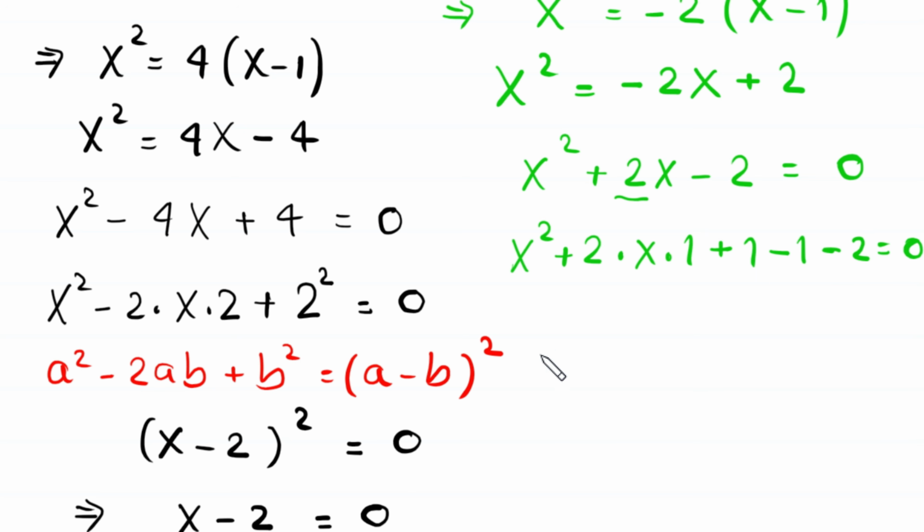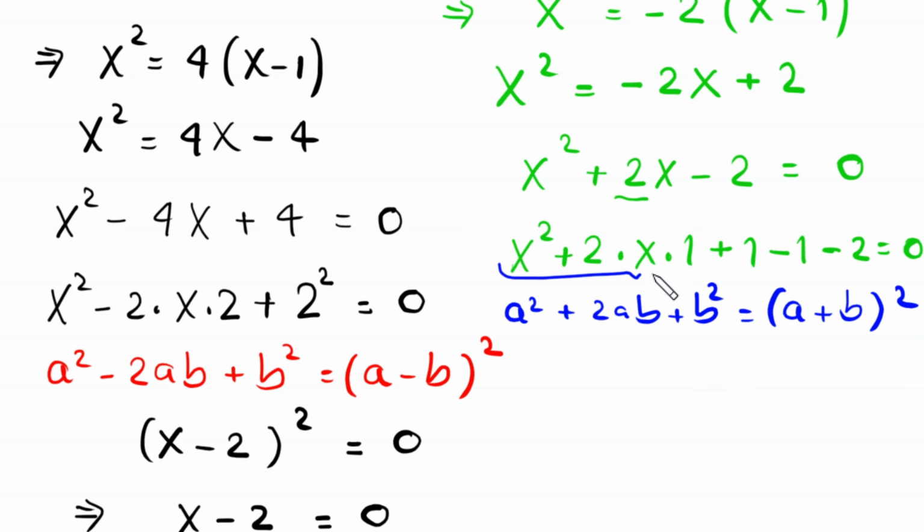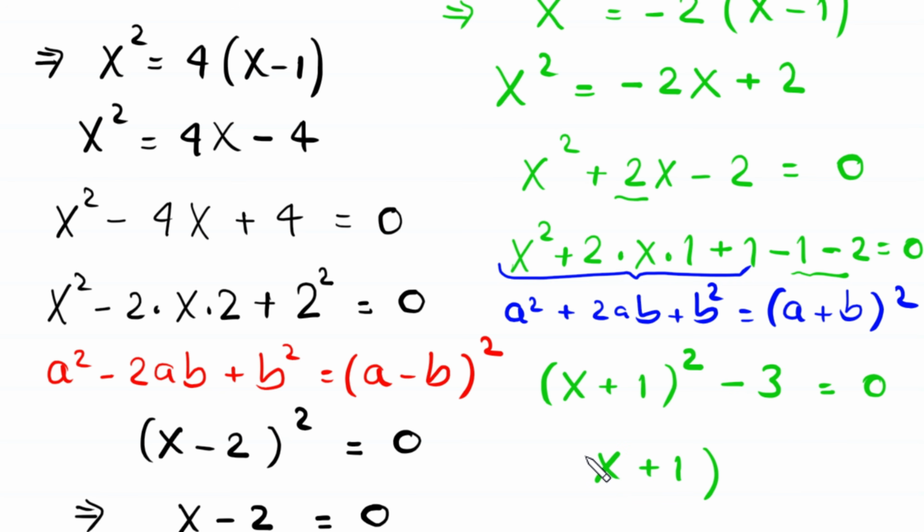By using this algebraic identity, a squared plus 2ab plus b squared equal to (a plus b) whole squared, x squared plus 2 times x times 1 plus 1 will become (x plus 1) whole squared. And negative 1 minus 2 will become negative 3 equal to 0. Move this negative 3 to the right hand side. This will become (x plus 1) whole squared equal to 3.